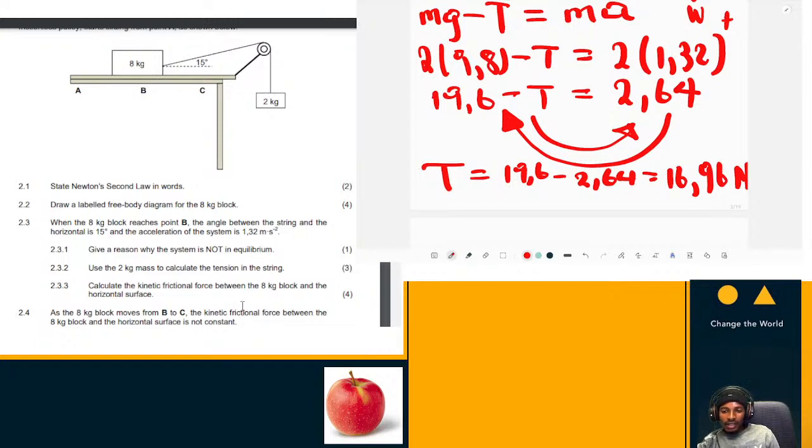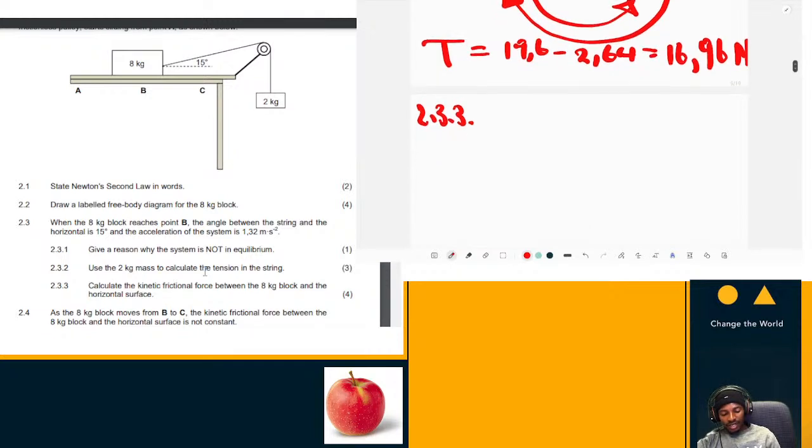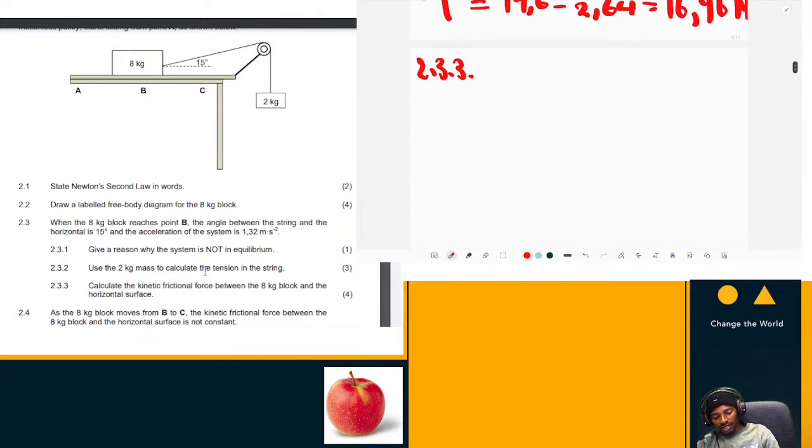All right, then 2.3.3. Calculate the kinetic frictional force between the 8 kg block and the horizontal surface. Again, we're going to apply Newton's second law. F net is equal to ma.